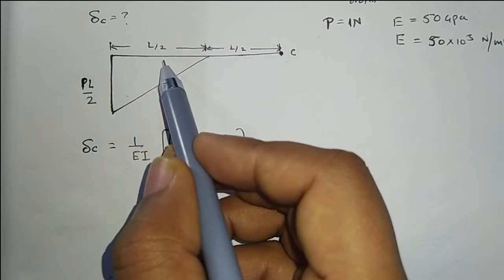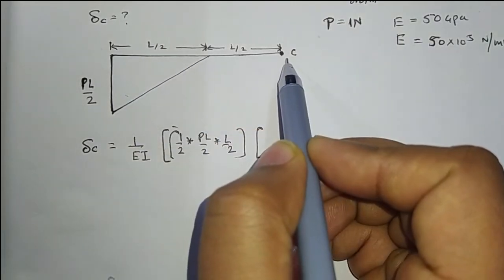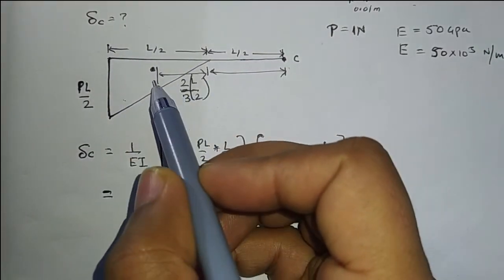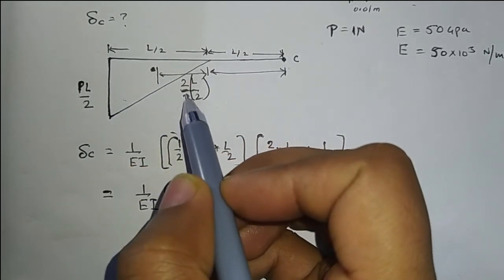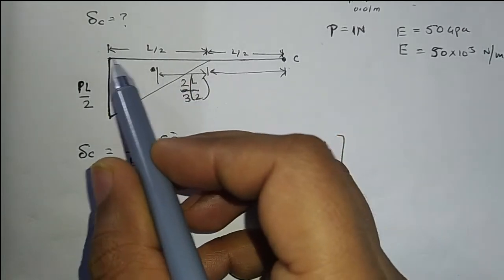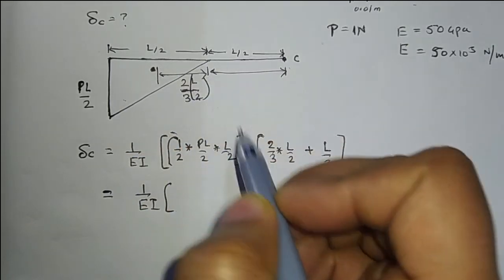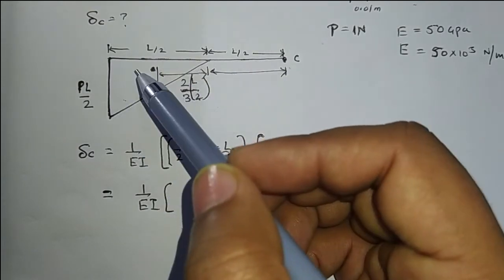This is like a triangle, and for the moment about this point, we know that the centroid of the triangle from this side will be 2 by 3 into this dimension, which is nothing but L by 2. So we have to take the moment about point C of this area.